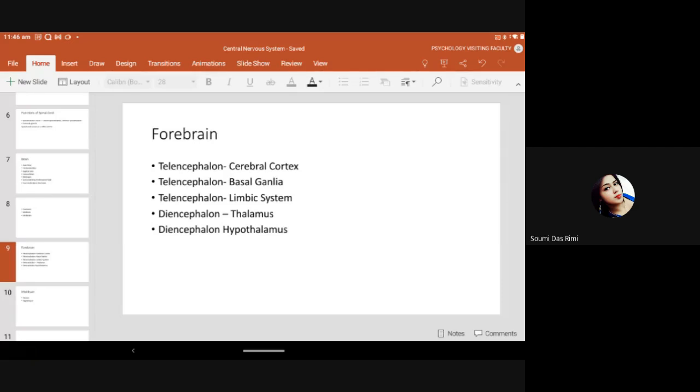And another important disease that you all know, that is the Parkinson's disease, which is caused by the degeneration of certain neurons in the midbrain that sends its impulses to this basal ganglia.